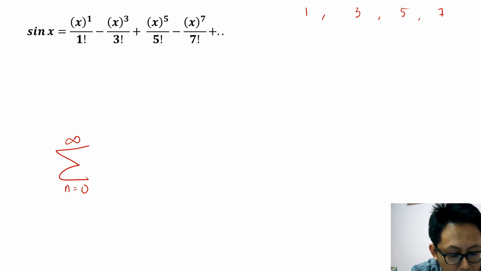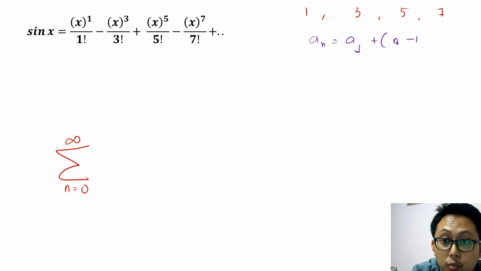Okay, so the equation will be an is equal to a1 plus n minus 1 times d, where d is the ratio. For a1 the value is 3, because this one is n equal to 0, n equal to 1, n equal to 2, n equal to 3.